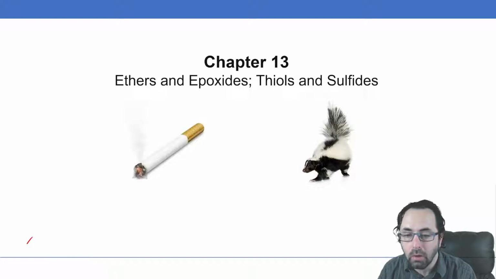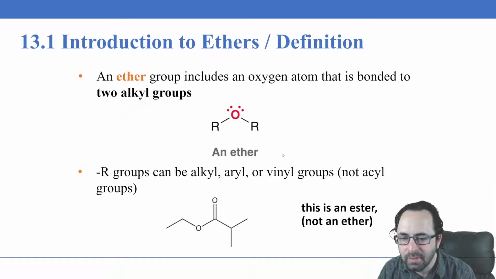When you have combustion and stuff like this, epoxides are formed, which are highly reactive, and so that's one of the reasons why cigarettes are dangerous. And then thiols, these tend to have a bad smell, so for example, when a skunk sprays, the smell you're smelling is a thiol. Okay, so let's start with ethers here.